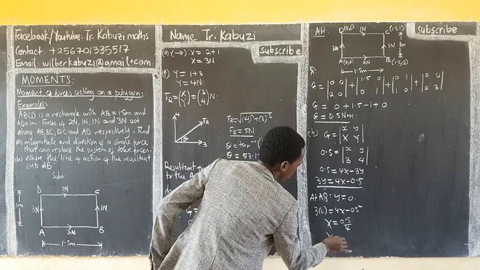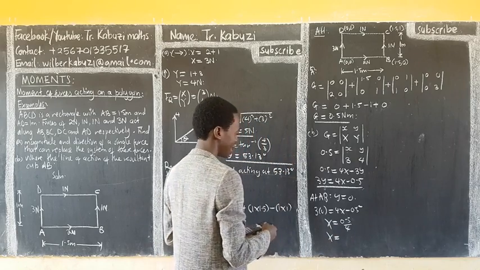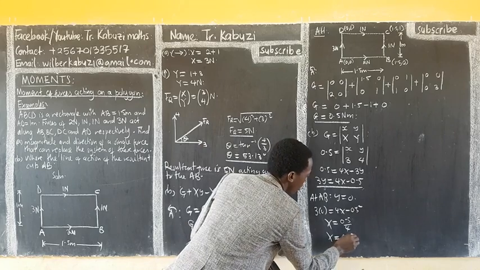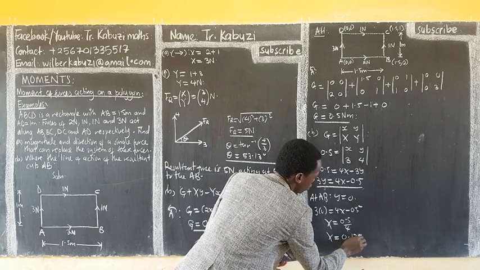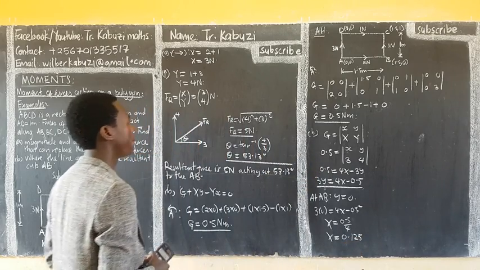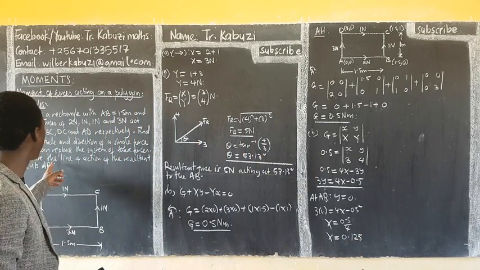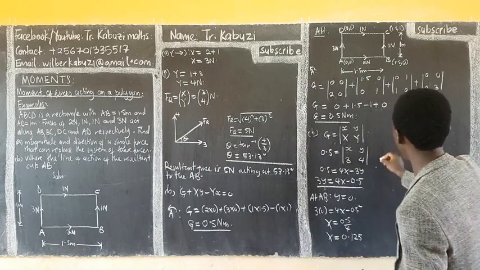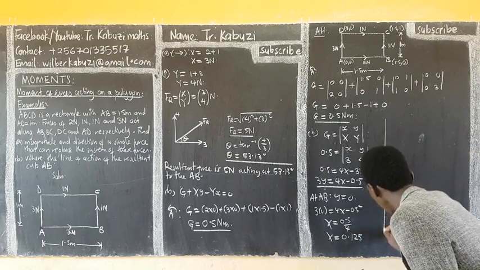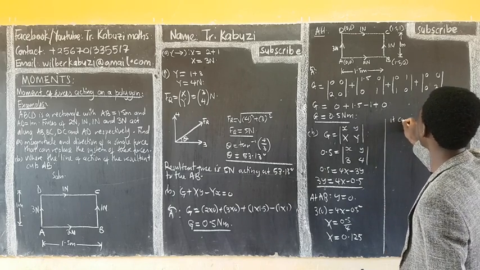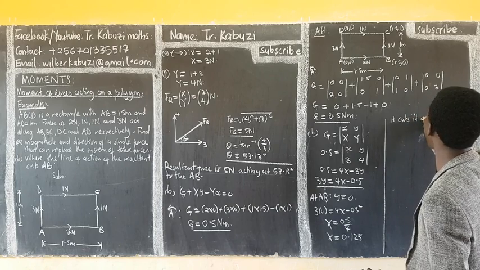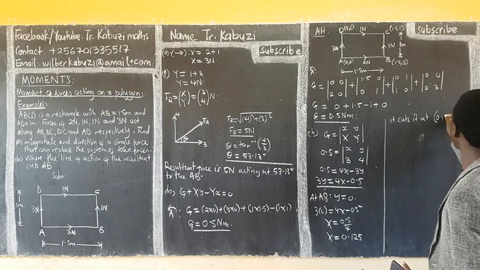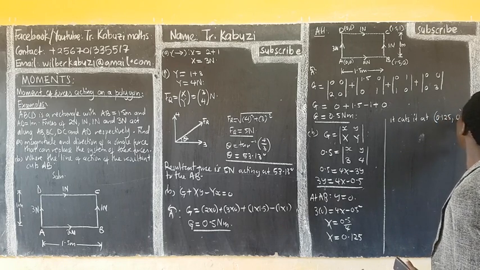So your x is going to be 0.125. So that's the point where the line cuts. So it cuts it at x equals 0.125, then y is 0.